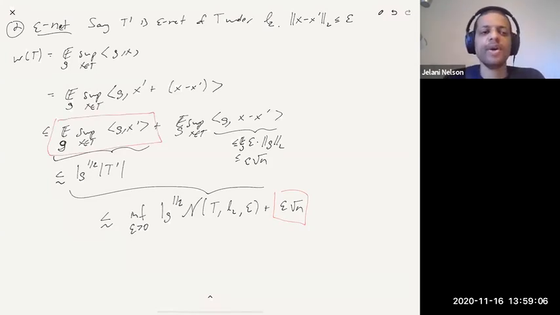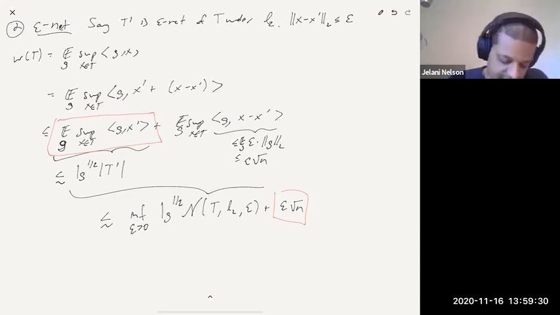Kind of what you can think of the epsilon net argument as saying is, without loss of generality, I can always assume that I'm trying to bound the mean width of a finite set. Here I bounded the mean width of the finite set T prime by using the union bound, but nothing forced me to use the union bound. I just basically reduced to another mean width problem, right?